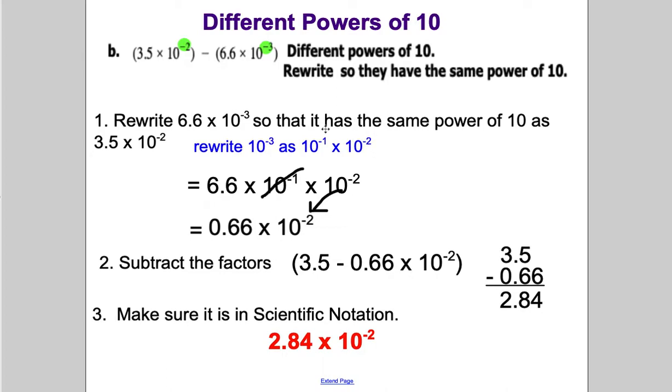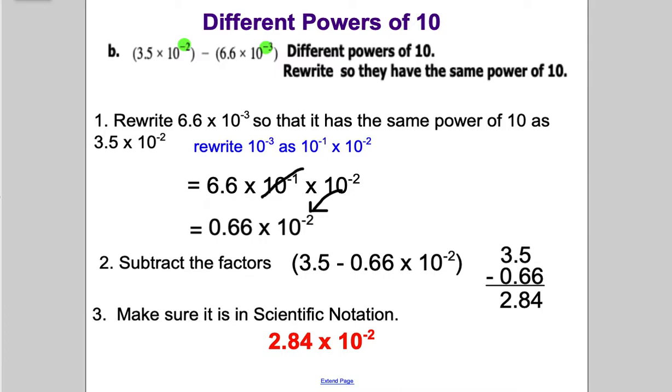Negative 2 is the other matching exponent of the other factor in this problem. So I can go ahead, start to solve this by changing 6.6 first times 10 to the negative 1 and then bringing down that negative 2. Now I can add or subtract my factors. We're subtracting here. And then I attach my -2 to it, my scientific notation.